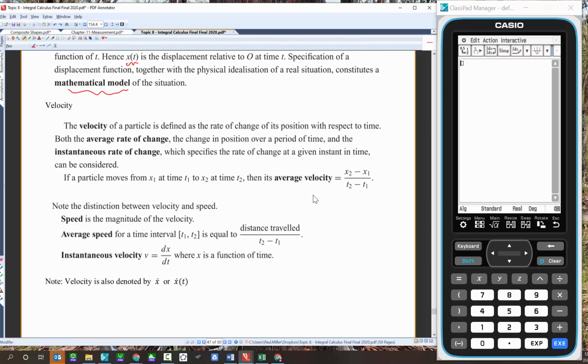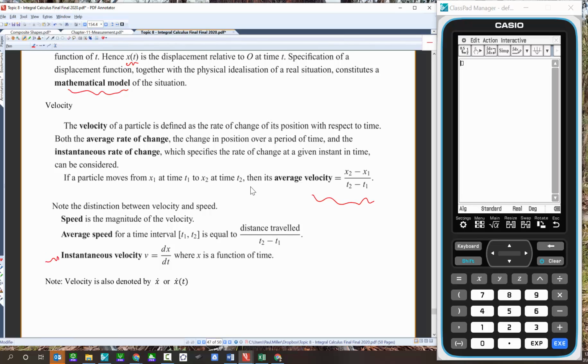Our average velocity should look familiar. That's just the gradient between points. And obviously, to get our instantaneous velocity, we would differentiate to get x dash t, which would be our velocity function.